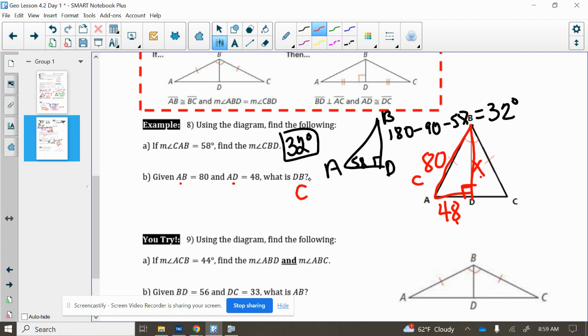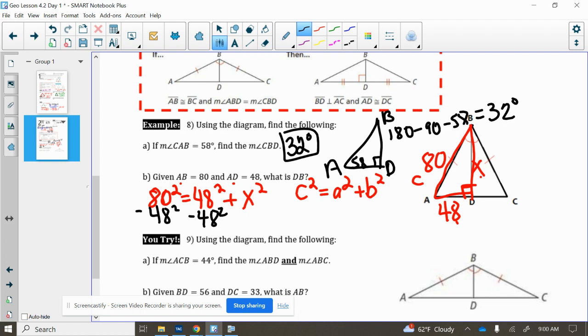So reminder with Pythagorean theorem, c squared equals a squared plus b squared. This time we have the c squared. What we don't have is either a squared or b squared, right? We're missing one of the legs. So we can subtract from 80, 48. Okay?